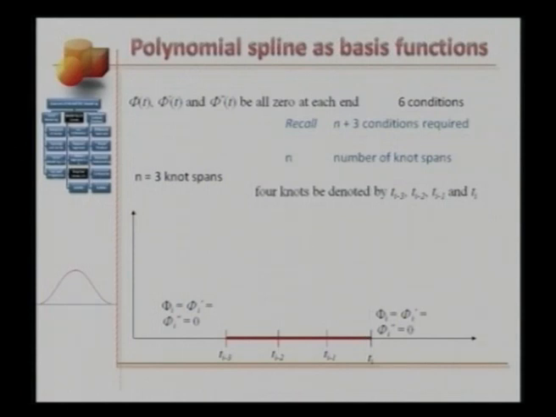What do we do now? We can try exercising a few options. One of the options can be that we can introduce another condition, and when doing that, we'll have to introduce another knot. Let's see what happens.